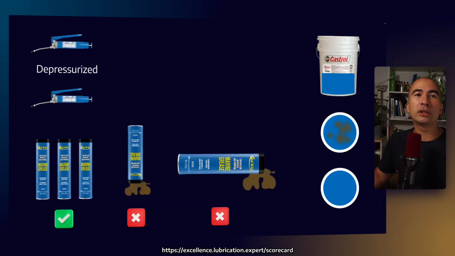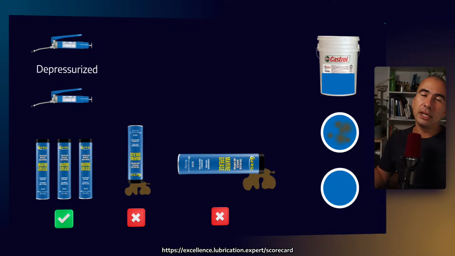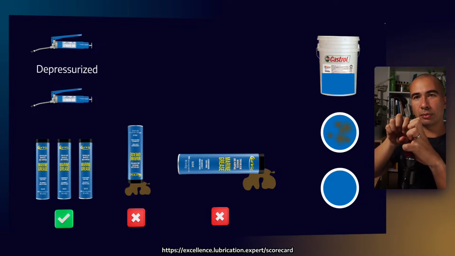Okay. When we are storing grease, there's a couple of best practices. Most of the time, we want to store them upright. If we are storing them on their side, what tends to happen is that there will be a little bit of grease bleed. Remember, what is the purpose of the thickener? The thickener under load is supposed to distribute that base oil out.